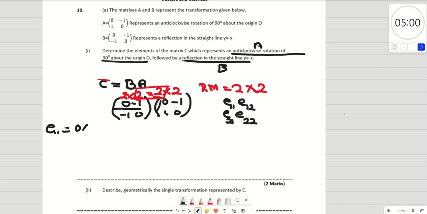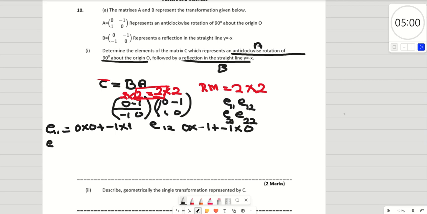So it's 0 multiplied by 0 plus negative 1 multiplied by 1. And then E12 is row 1 by column 2. So it's 0 multiplied by negative 1 plus negative 1 multiplied by 0.